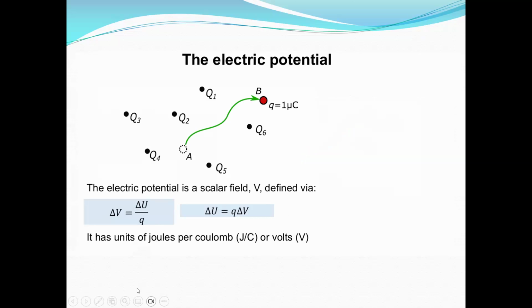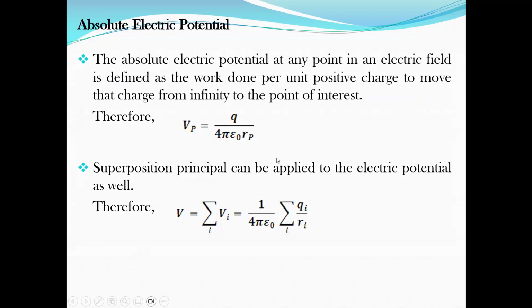And same as the electric field intensity, we can consider the electric potential. Define the work done per unit positive charge to move the charge from infinity to the point of interest, the point P. At the point P, we can introduce the potential Vp as Q over 4 pi epsilon naught Rp, right?